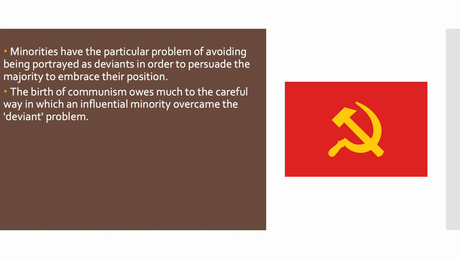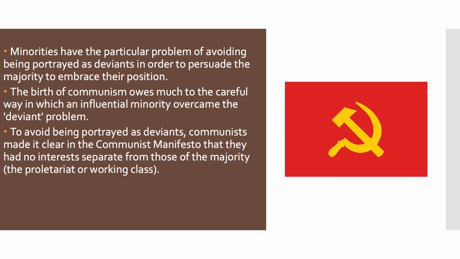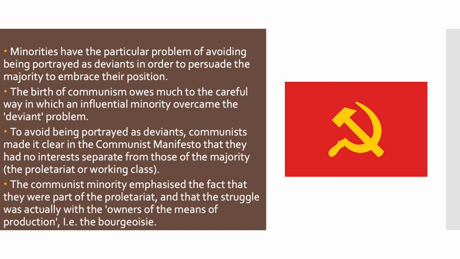And what they did to avoid being portrayed as deviant is they wrote this communist manifesto, and they stated in this communist manifesto that they had no interests separate from those of the majority. So the majority at that time were the proletariat, or the working class, and they emphasised that they were part of the proletariat and that the struggle was actually with the owners of the means of production.